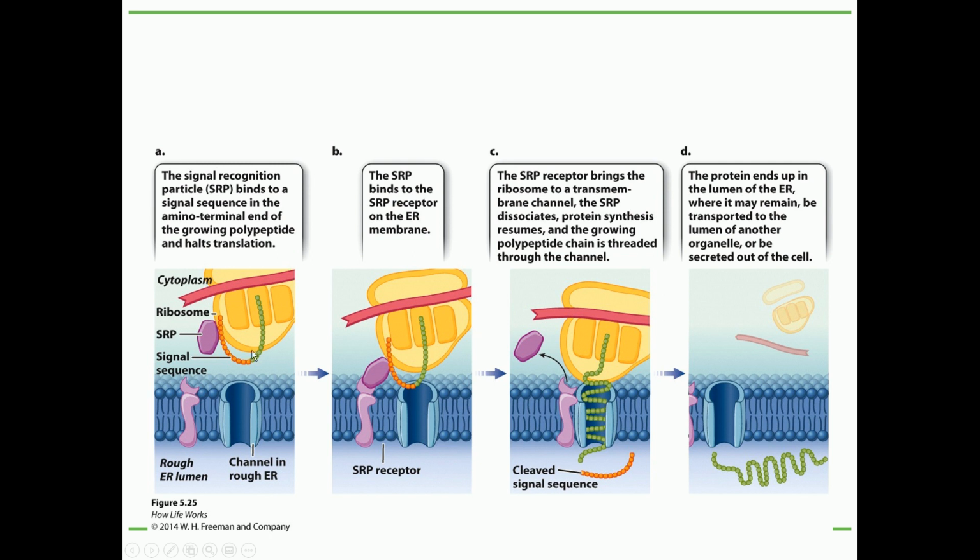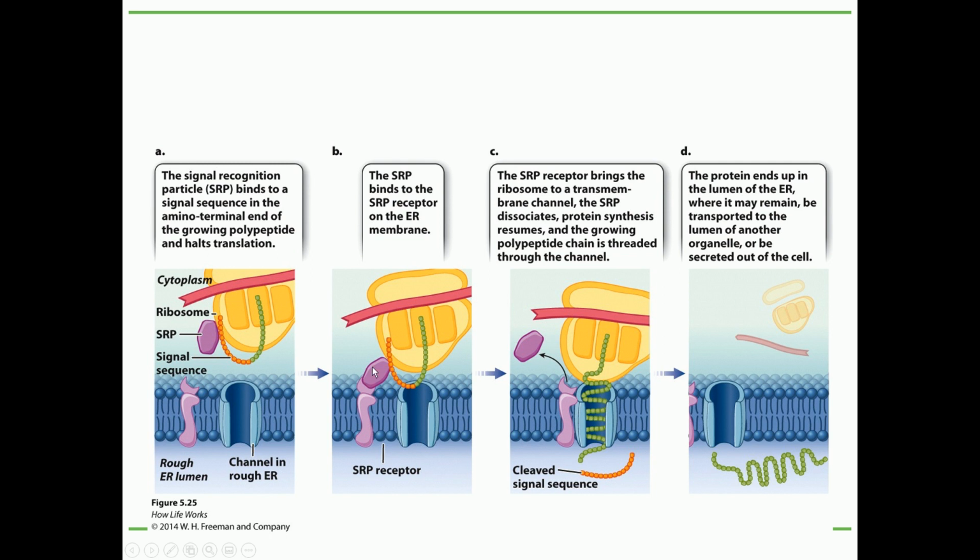So this is the polypeptide chain which is being made by the ribosome, and here is a signal sequence in the polypeptide chain. SRP, the signal recognition particle, goes and binds here, and it halts the process of translation for a moment. Then the SRP binds to the SRP receptor.